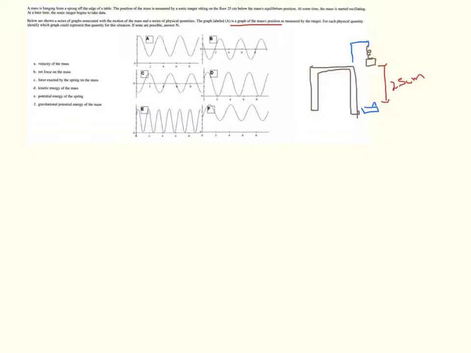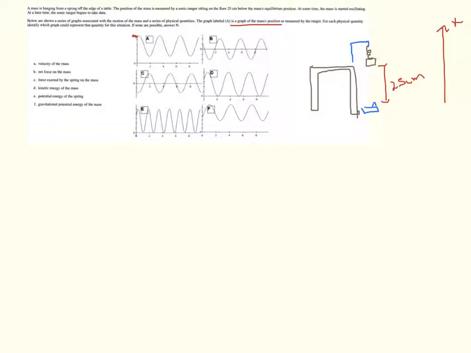They tell us that graph A is the graph of the position measured by the Sonic Ranger. One thing we notice right away is that it's starting some positive distance up. We know that the Sonic Ranger measures this distance in the positive direction.